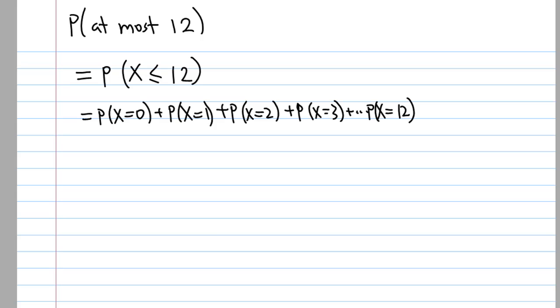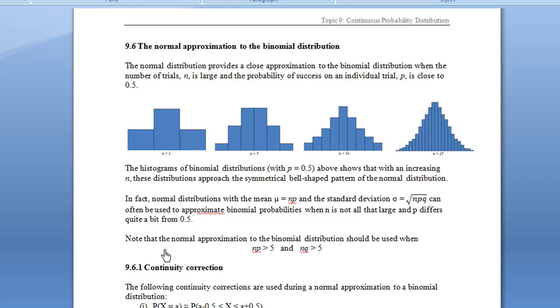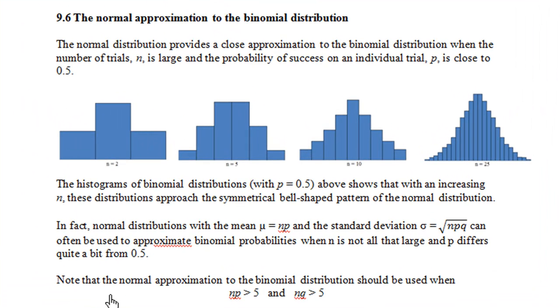Let's review the theory of using the normal distribution to approximate the binomial distribution. We know that we can use the normal distribution to approximate the binomial distribution if n, the number of trials, is large and the probability of success is close to 0.5.